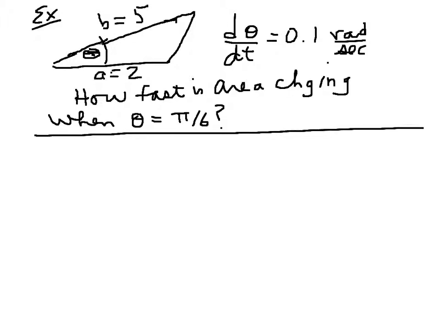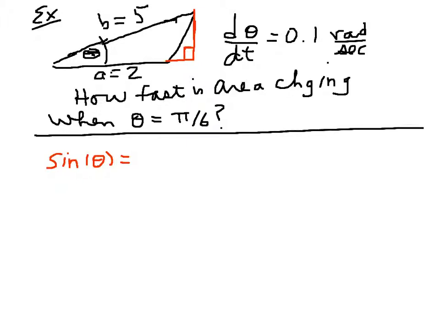So part of the issue here is we have to get an expression for the area of this triangle. So if we think about side a as the base, I need to know the height of the triangle. And so if I draw down a right triangle like that, perhaps that will help us. So here's what we know. We know that the sine of theta is opposite over hypotenuse.